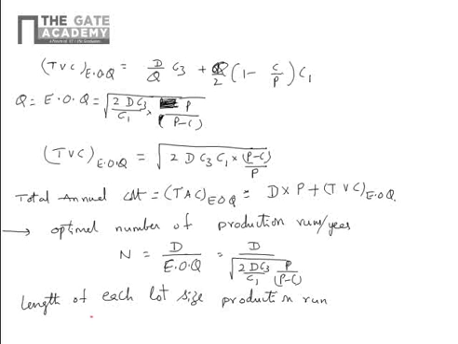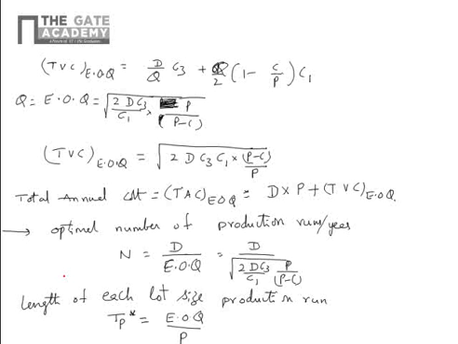So length of each lot size production run is nothing but TP star, which is economic order quantity divided by P. Substitute economic order quantity, you will get the value. So this is about model 2.